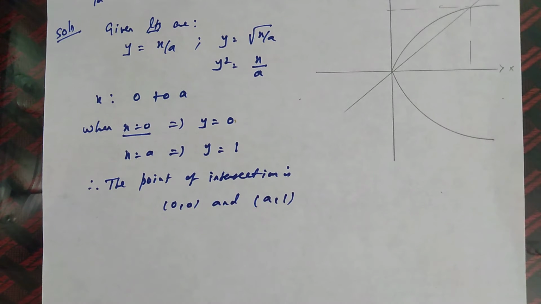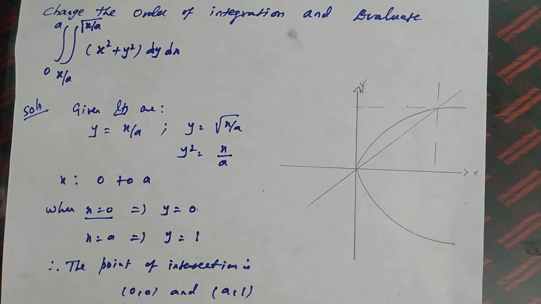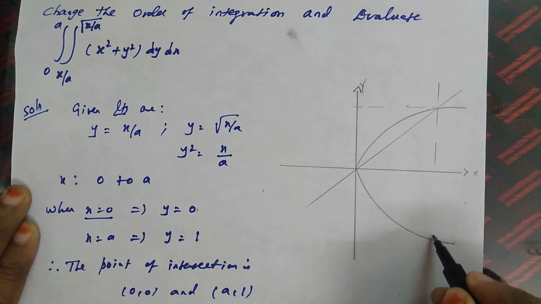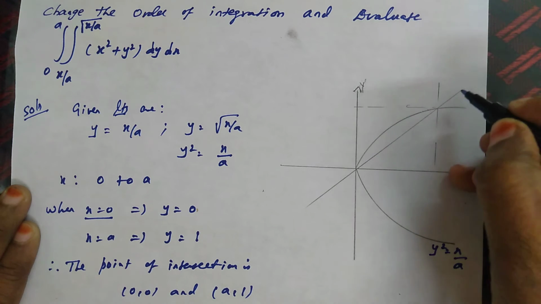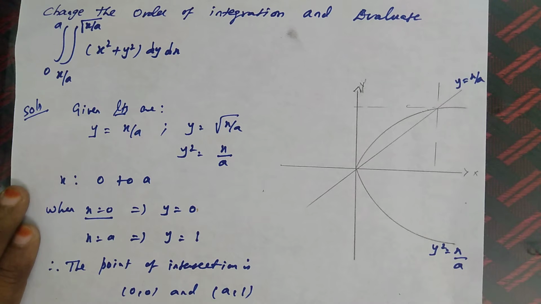Now we are going to draw the diagram. So y² equal to x/a is the equation of a parabola, and y equal to x/a is the equation of a line. From the equation y equal to x/a, we can say that the x intercept is a.